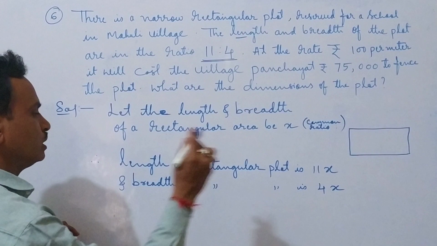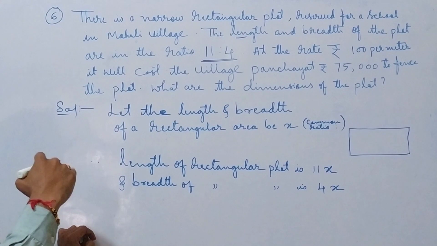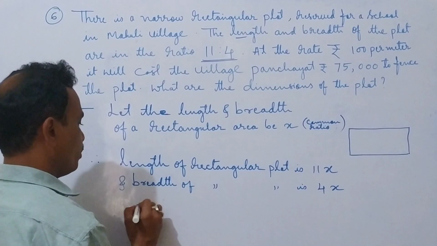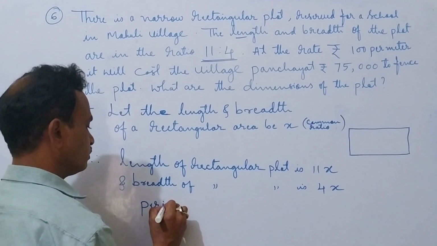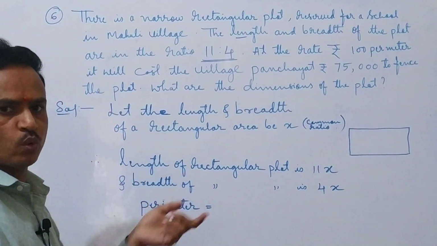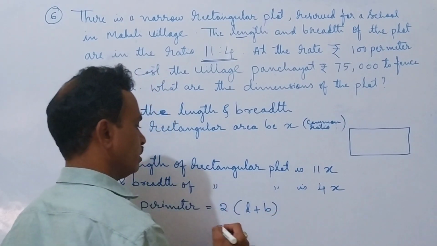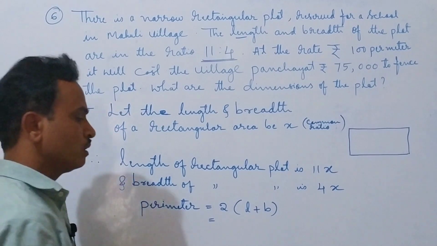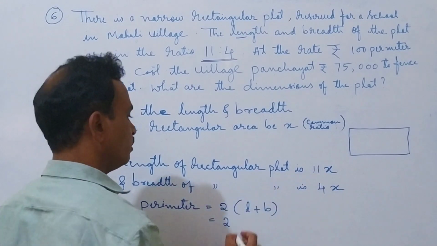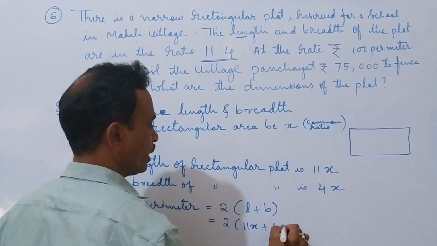Now, covering this area means we should find the perimeter of the rectangular plot. What is the formula for the perimeter of a rectangle? 2 into L plus B. This 2 as it is, L is 11x plus breadth 4x.